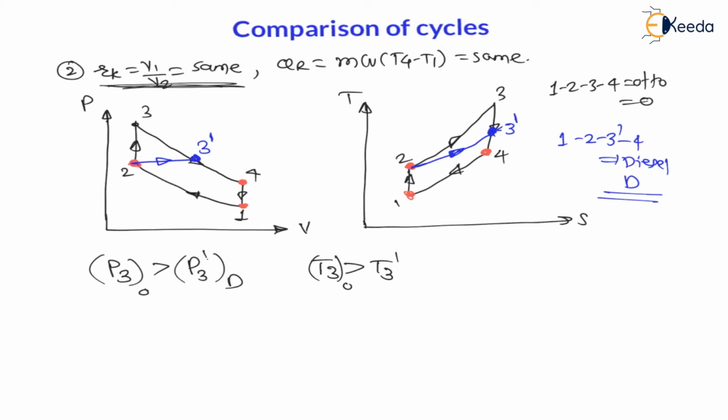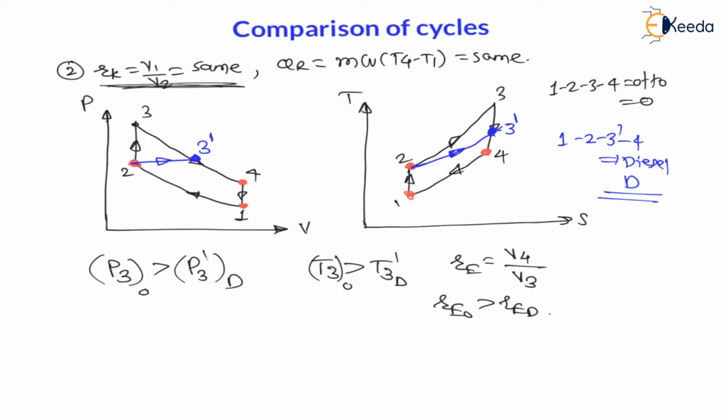T3 is for Otto, T3 dash is for diesel. Again, let us see the expansion ratio. Expansion ratio RE is the volume at the end of expansion V4 divided by the volume at the start of expansion V3. Therefore, V4 divided by V3 is more than V4 divided by V3 dash. Therefore, RE for Otto is more than RE for diesel.